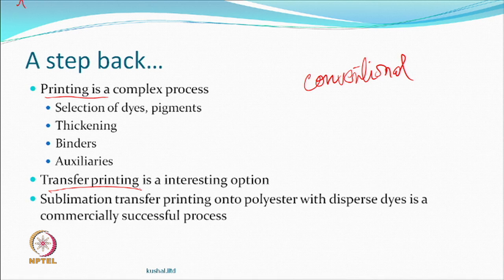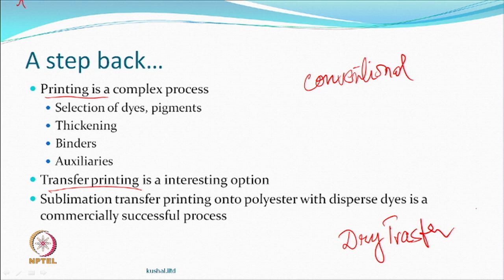Out of these there were many options that we thought, but sublimation transfer printing, which is sometimes also known as dry transfer, is more commercially successful, particularly with the dispersed dyes, that is, printing on polyester, because polyester cannot be printed with any other dye other than dispersed.